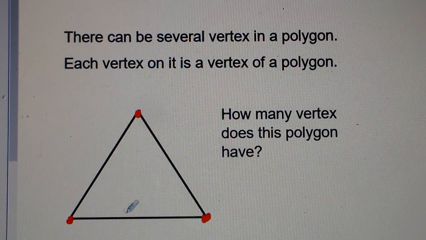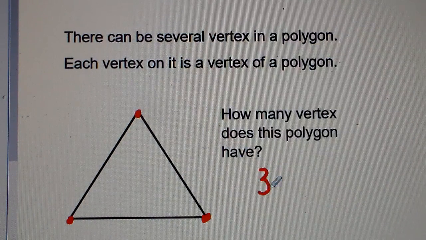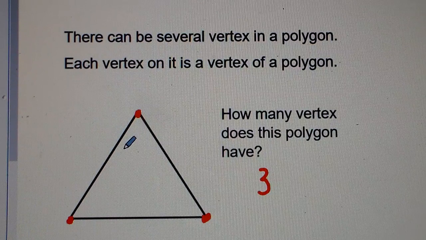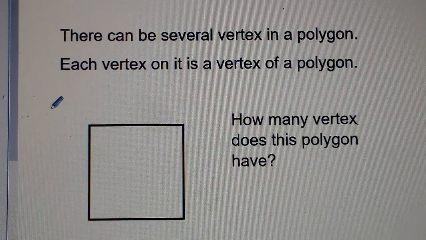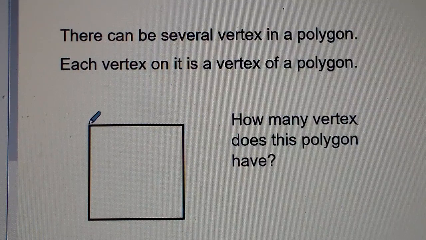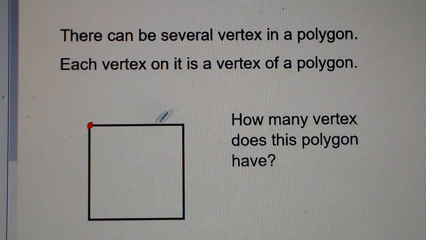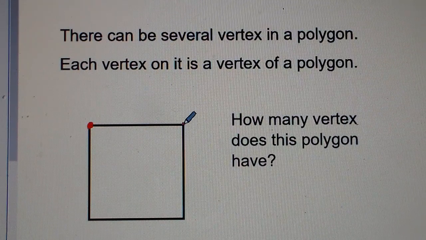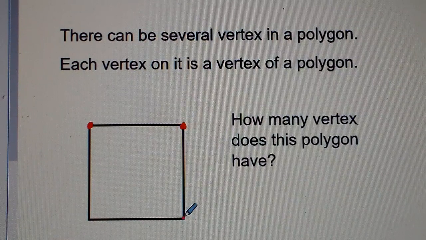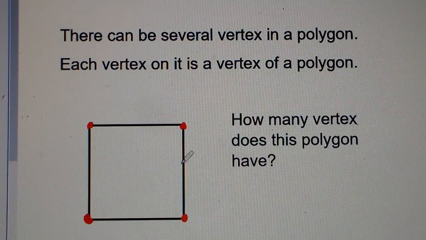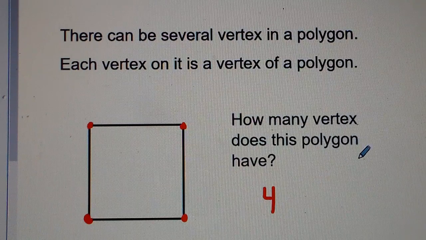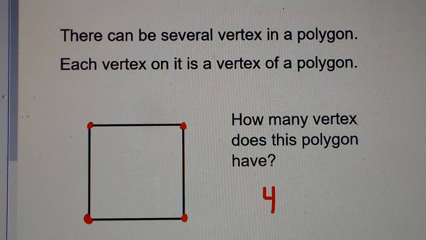That's 1, 2, 3. So there are 3 vertices in a triangle. Looking at this figure, the side of the box and the top of the box meet up there. The top of the box and the right side of the box meet there, there, and there. So this has a total of 4 vertices in the polygon.